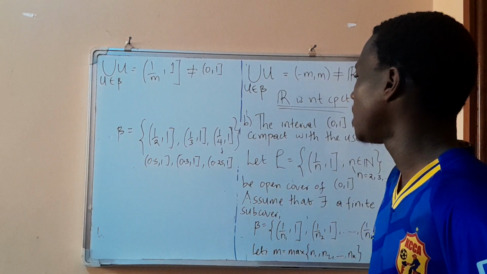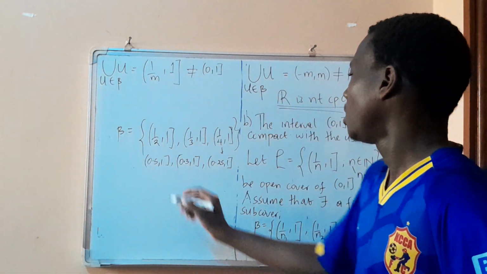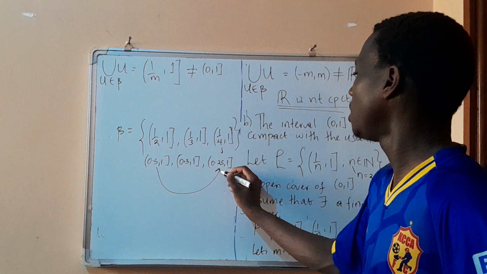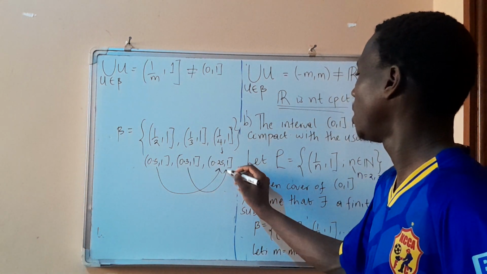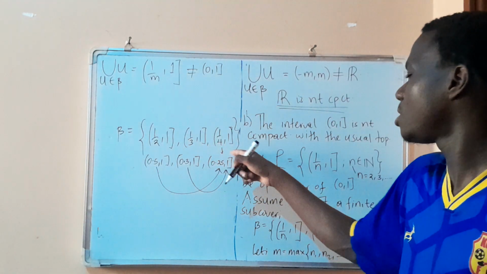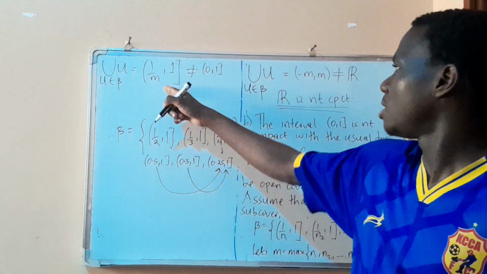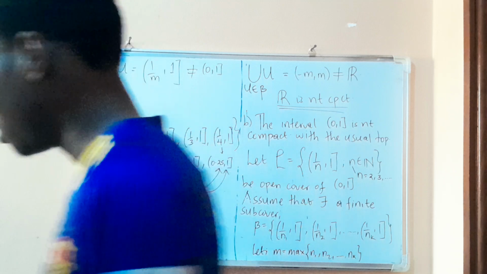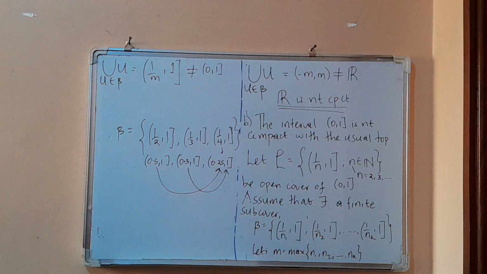So you realize that this interval is in here, and this one is in there. So the union of these sets will result in a set which is not equal to that interval. So that is an introduction to compactness in a topological space.